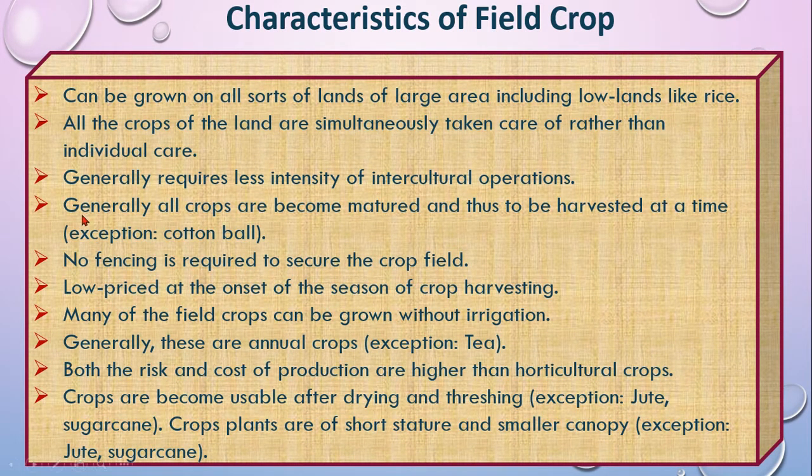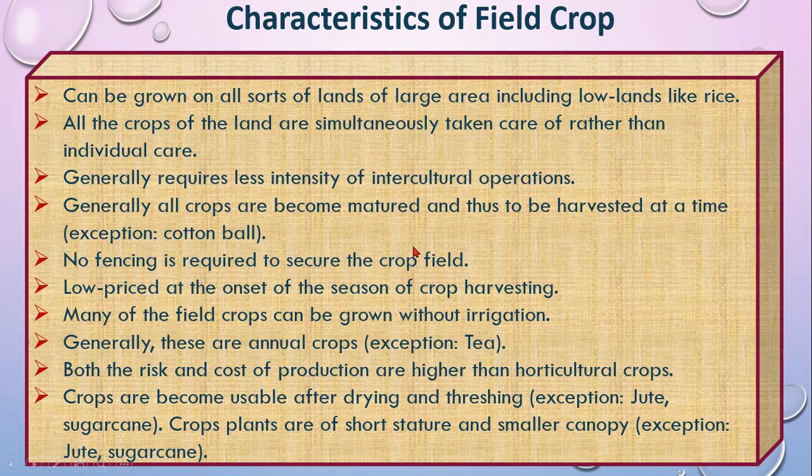The characteristic of field crop is that the crop can be cultivated in lowland as well, for example rice crops, and you don't need to take care of individual single crops, we take care of the crop all together, for example rice, wheat. Next, it generally requires less intensity of interculture operation.